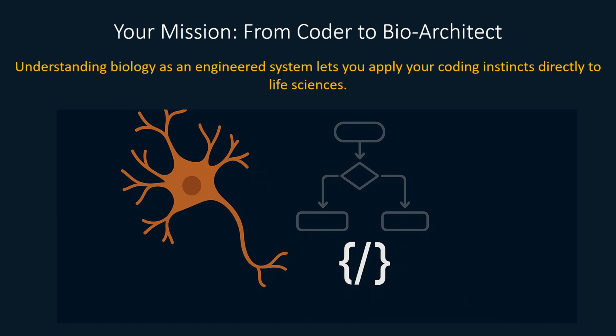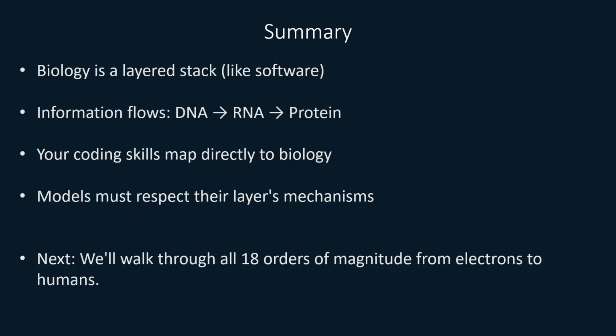Let's discuss a summary. Biology works as a layered system, just like software. Information flows from DNA to RNA to protein.